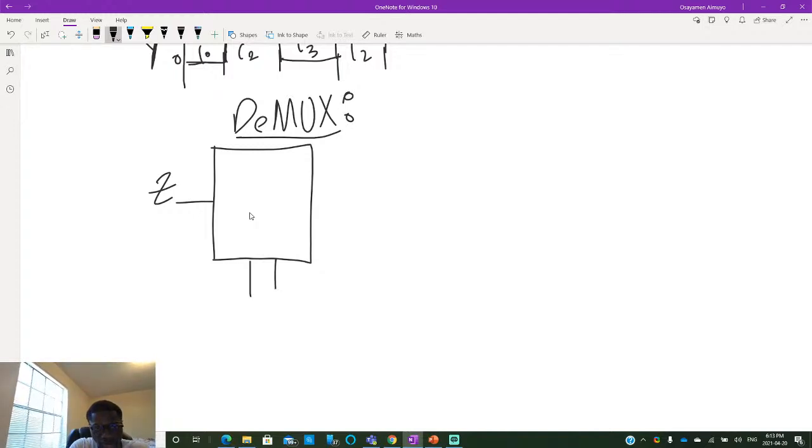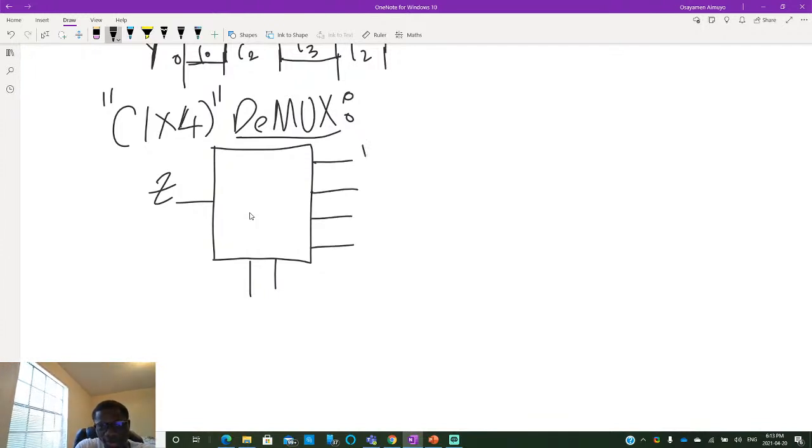Then you also have select lines again. So I'm just going to use, technically I don't know if this exists, a 1 by 4 demultiplexer. Okay, so you have this right here. Let's call this 0, doesn't matter, D1, D2.